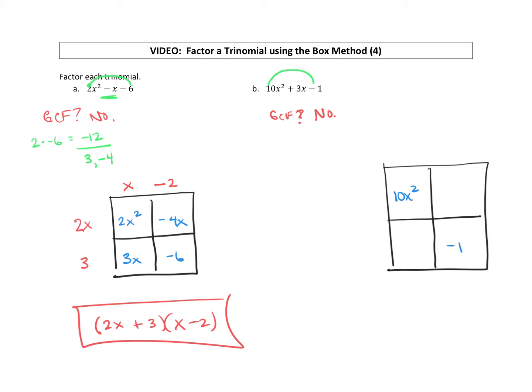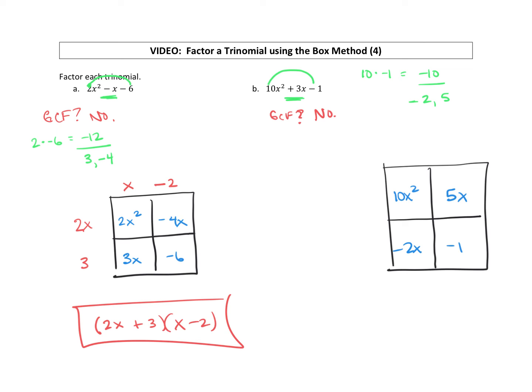Well, 10 times negative 1 equals negative 10. We want factors of negative 10 that add up to a positive 3. So 2 and 5, if we make the 2 negative, that adds up to a positive 3. So let's fill in our box. We can put a negative 2x in one and a positive 5x in the other.